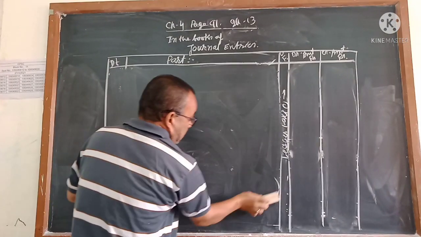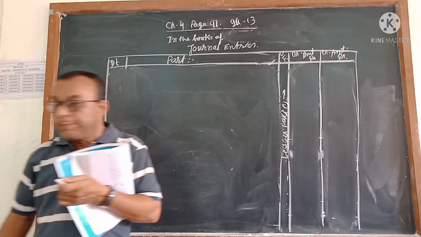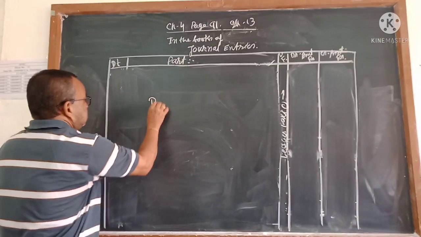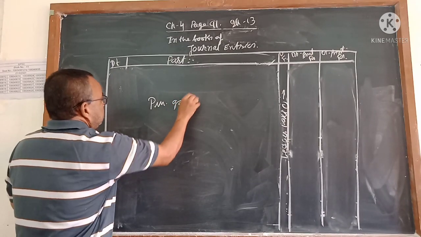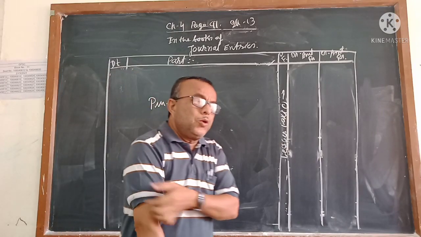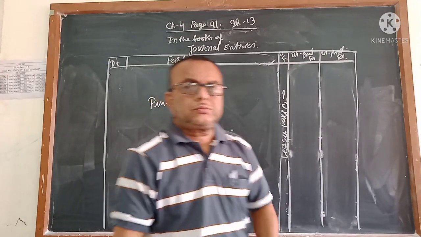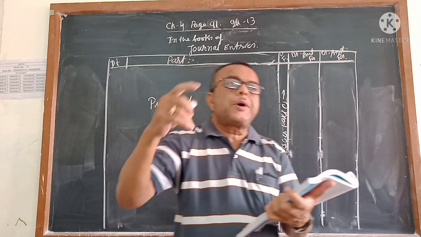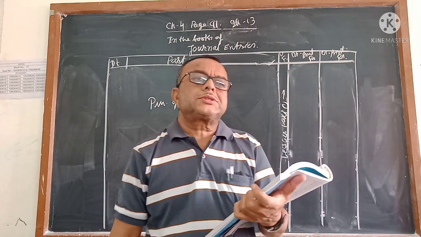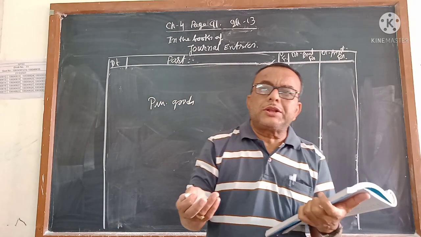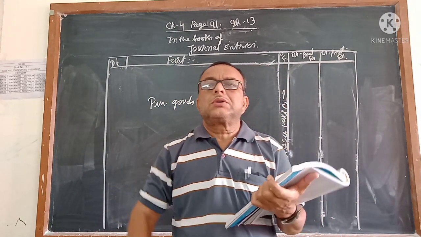Number one. Number two, the second point which you have to remember is: if you purchase goods, you are in Gujarat. Suppose you have purchased the goods within the state, within Gujarat, and the person from whom you have purchased is also in Gujarat.